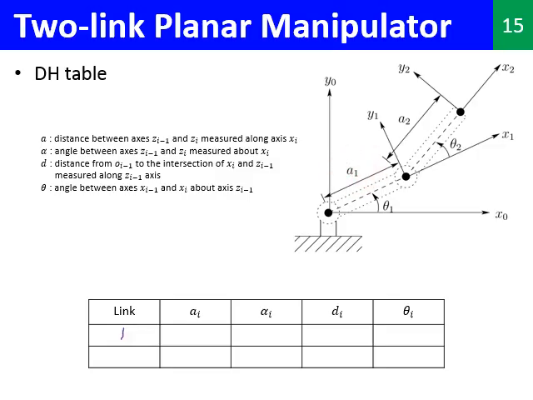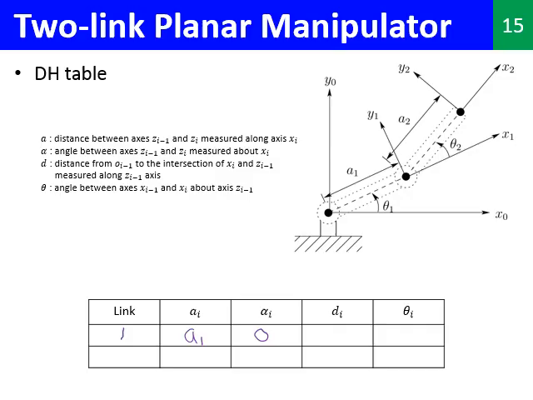So we can put A1 here. Next we have alpha 1. Alpha is the angle between axis Z0 and Z1 measured about X1. Now we know that Z0 and Z1 are parallel, therefore the angle between those two will be 0. So we can put 0 here.